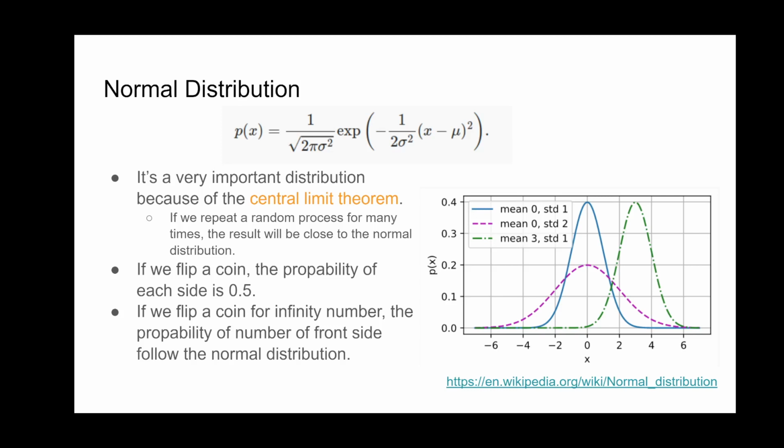Before we discuss how we can calculate the maximum likelihood, we will define what the normal distribution is. In the normal distribution, you follow this formula, and the distribution is decided by two parameters, the mu and the sigma.